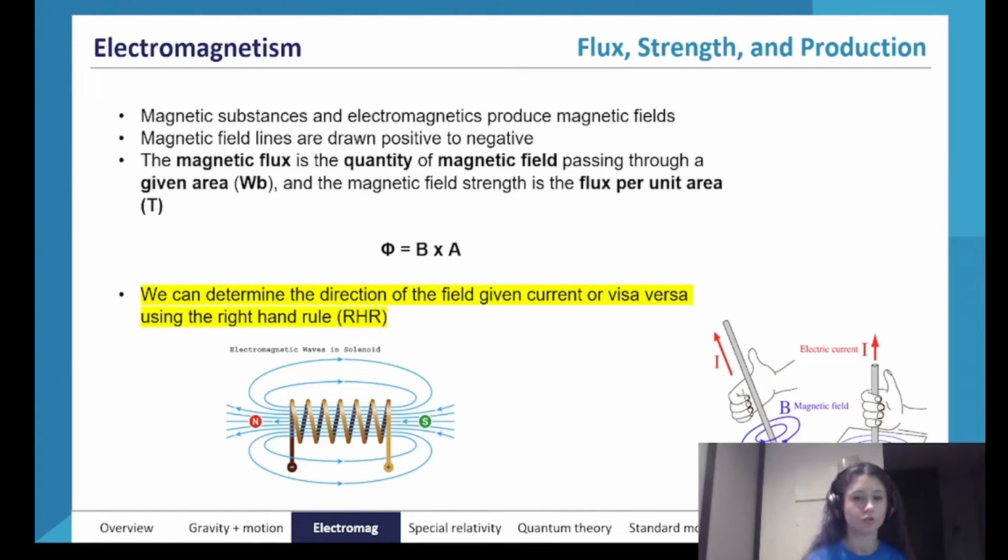Getting onto flux, strength, and production. So, magnetic substances and electromagnets produce magnetic fields. Remember, magnetic field lines are drawn from positive to negative, so they're drawn from the north to the south.